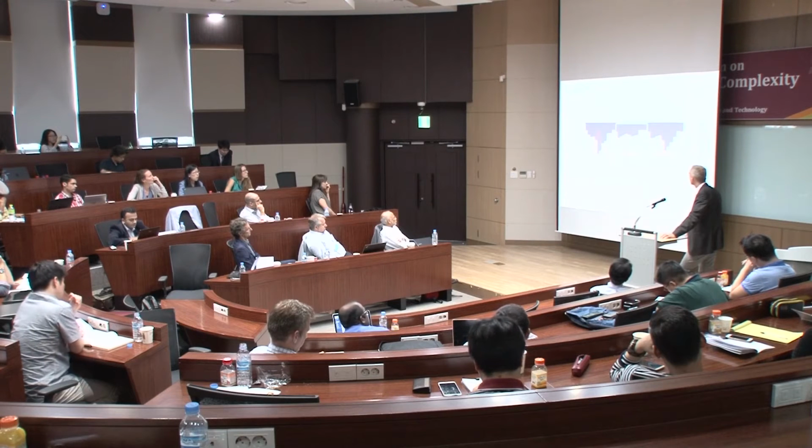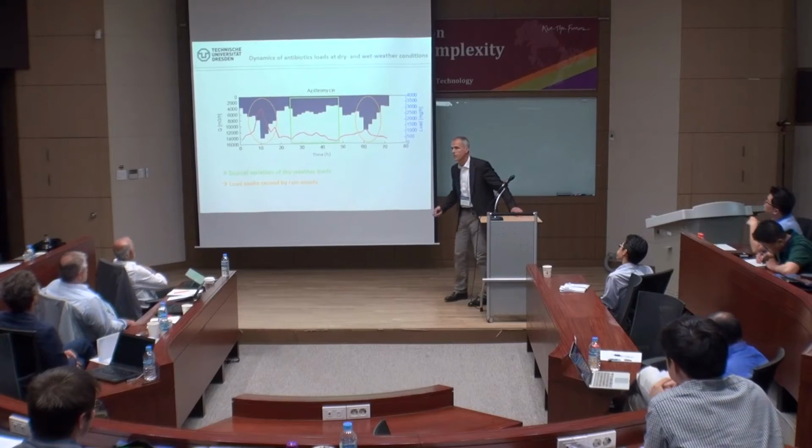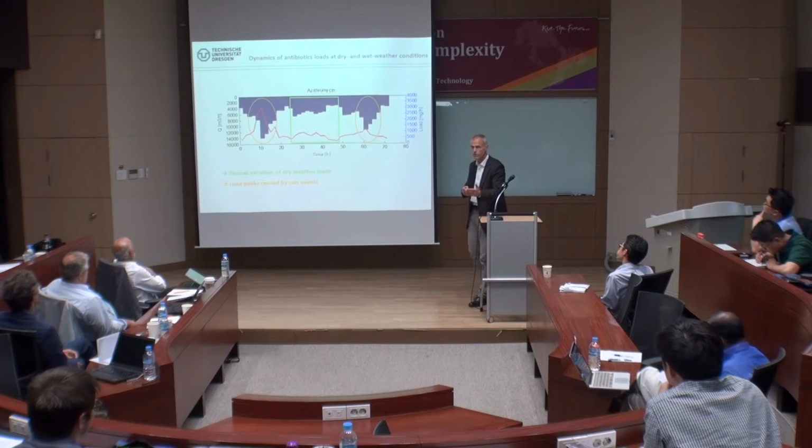So what you see here is a normal diurnal variation during dry weather conditions. And what you see with those two peaks is actually the load peaks caused by the rain events. So it's the push-out effect we have also seen for the ammonium, which is actually tracing urine.